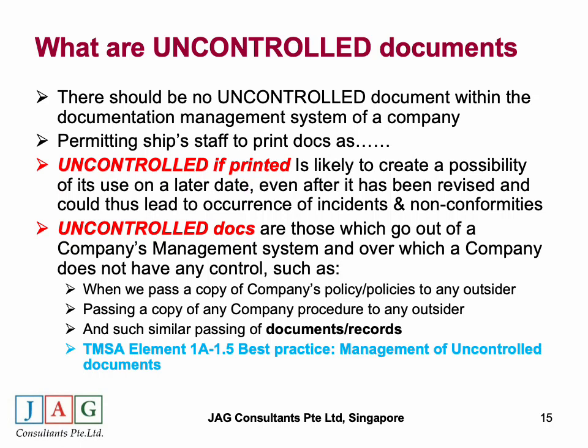They are going to review this requirement when they next revise the TMSA. I have suggested to them to remove the word uncontrolled and just keep management of controlled documents, because shipping companies do have a problem controlling documents. Management of uncontrolled documents would actually mean controlling uncontrolled documents. So it's quite absurd, because you would be controlling your controlled documents and controlling uncontrolled ones. It's a complete pot of confusion, right?